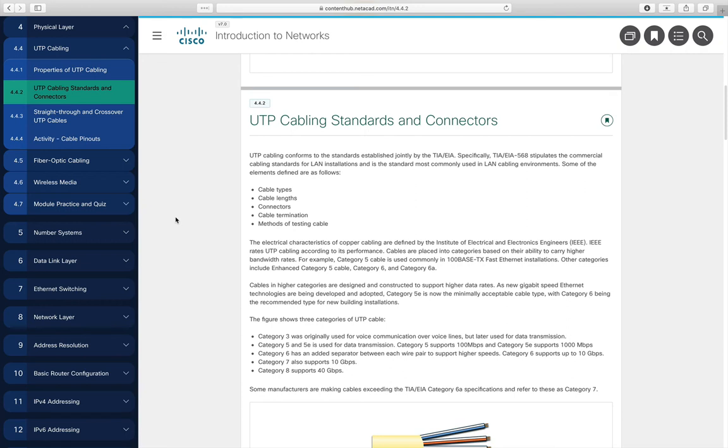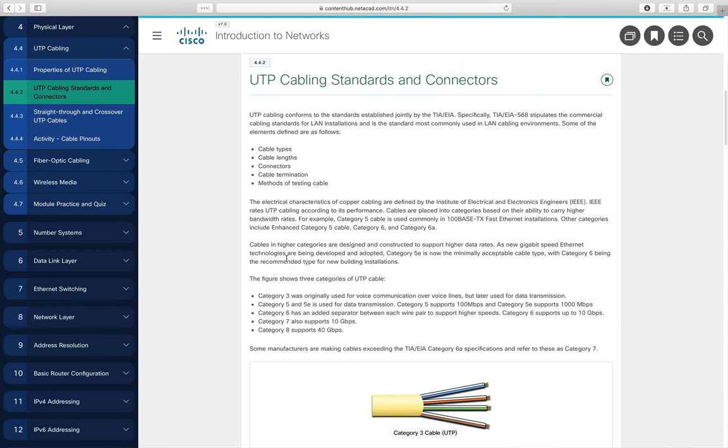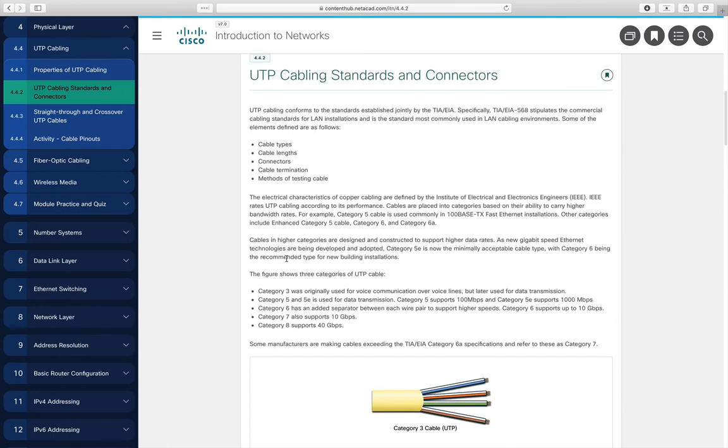And then it also has a lot of test criteria, what frequency it has to work at, what's the maximum amount of crosstalk that is allowed, etc. So IEEE does a lot of these standards, the Institute of Electrical and Electronics Engineers.